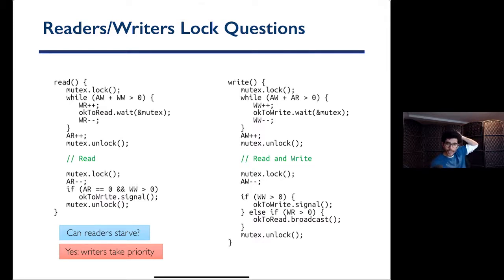So writers are going to get more priority, so they could, in fact, starve readers. So let's say you get writers very frequently, then the readers are going to just starve because there is always either an active writer or a waiting writer, and both of them have higher priority than a reader. So then your readers would starve.